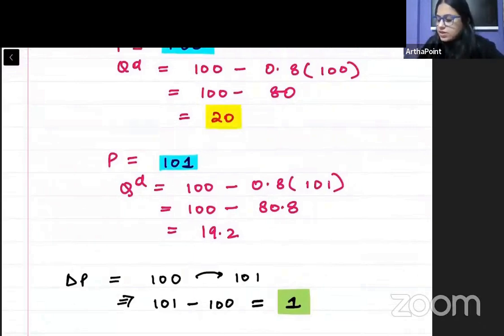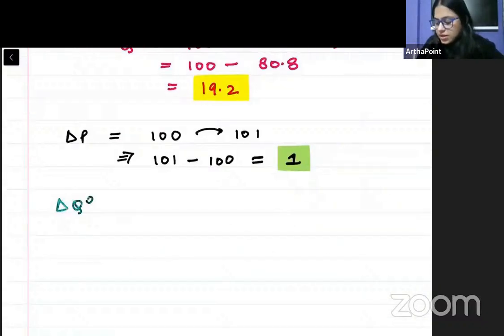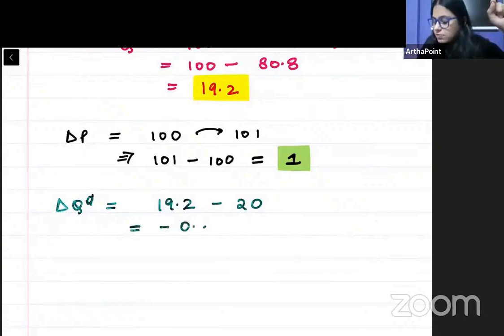Earlier it was 20. Now your quantity demanded is 19.2. So your quantity demanded has fallen by 0.8 units.